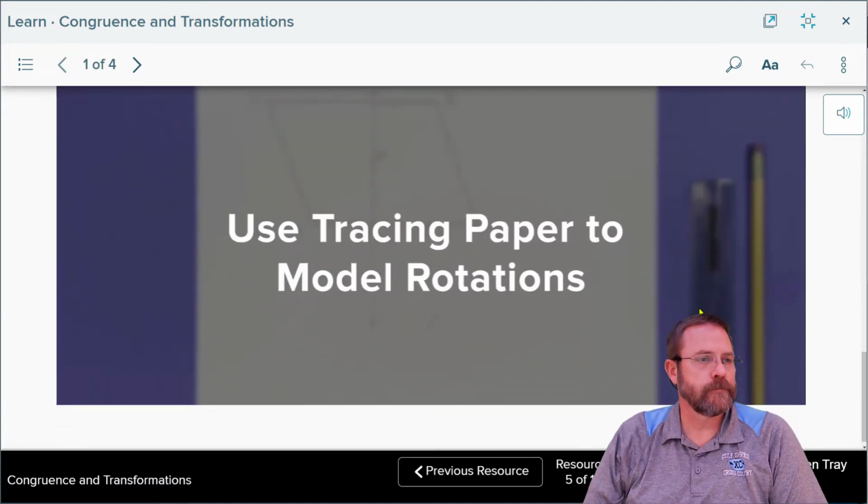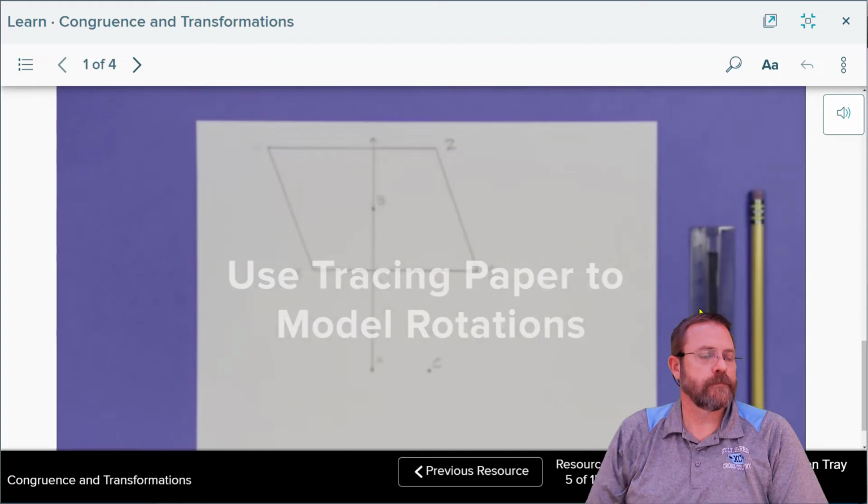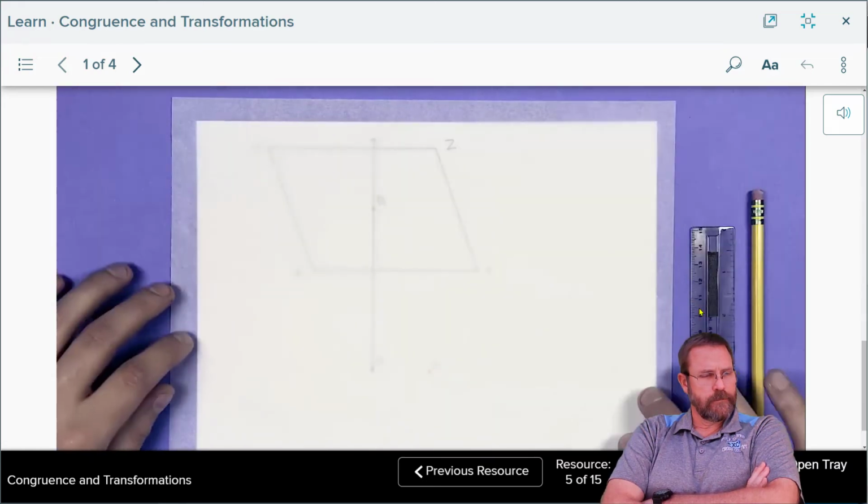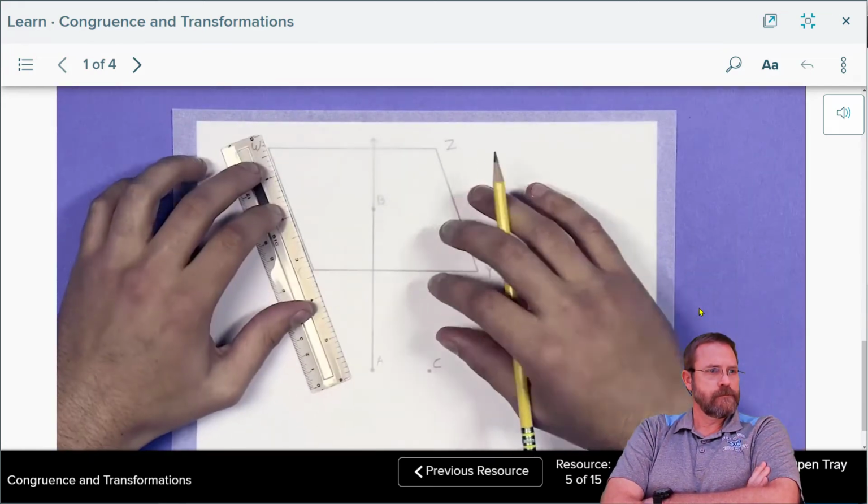Use tracing paper to model rotations. You can use tracing paper to rotate parallelogram WXYZ as shown. Place a piece of tracing paper over the parallelogram and copy it.